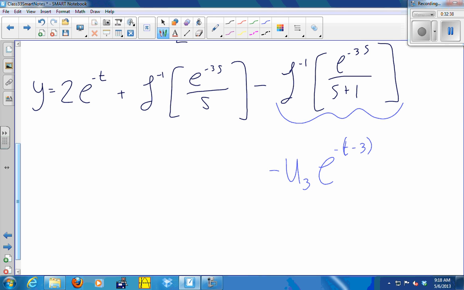So this becomes e to the negative t minus 3 because this is s plus 1, right? The s plus 1 tells you the coefficient on e to the t.